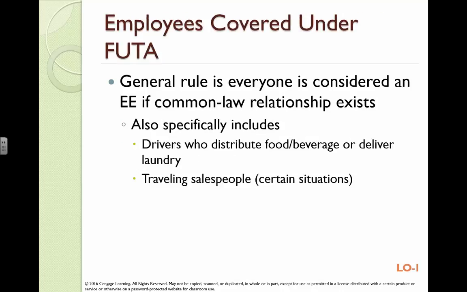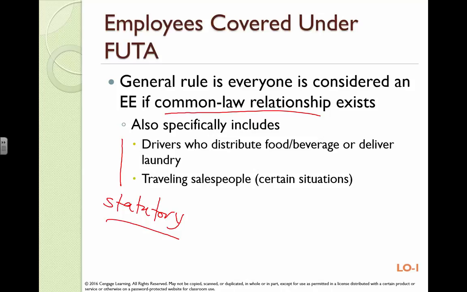And this is just really drawing attention. So common law relationship means the expectation is that we have an employee-employer relationship. And then this is talking about people who are considered statutory employees. Statutory is a word that means it's encompassed in statutes or law.